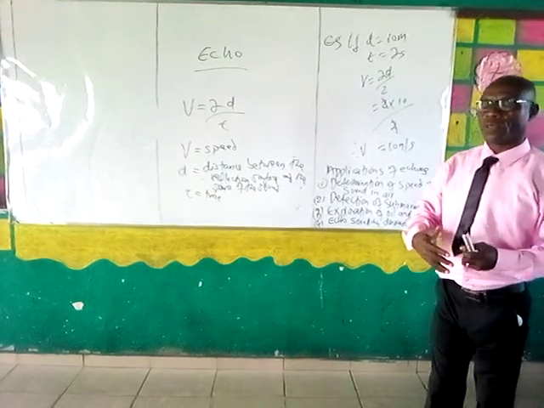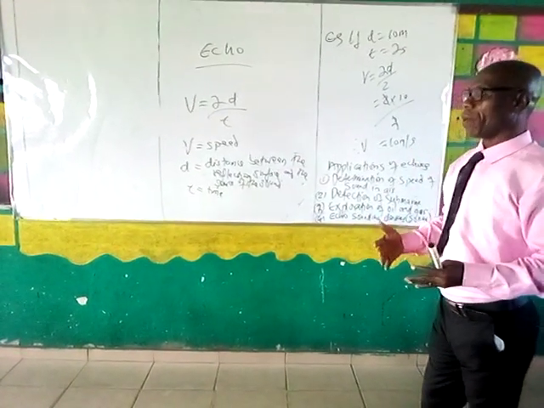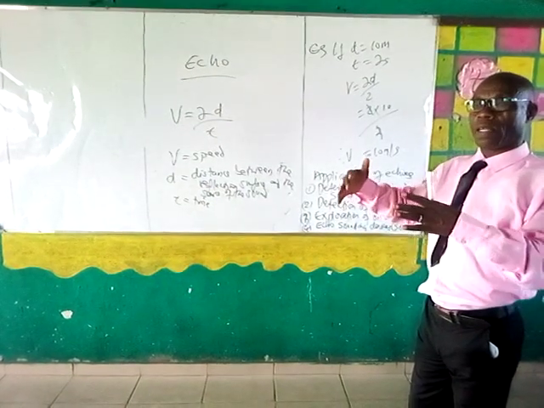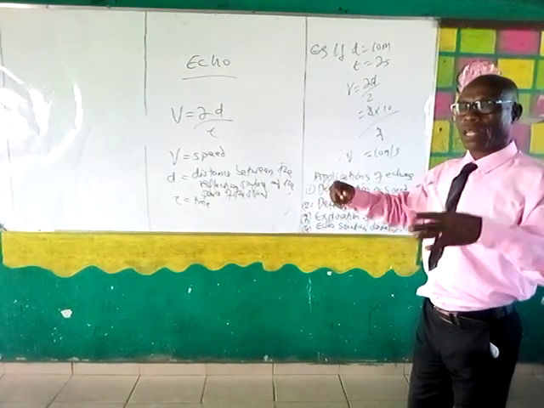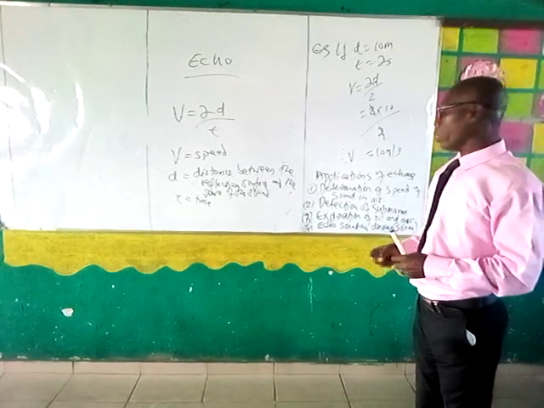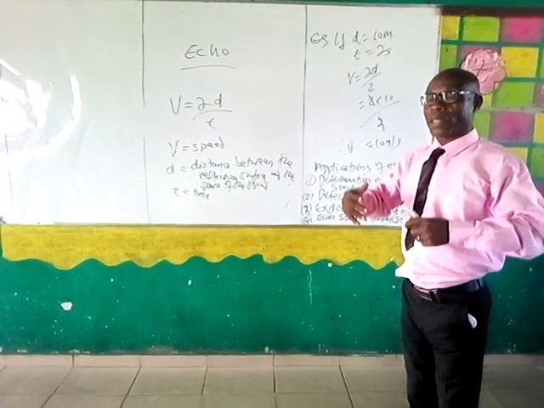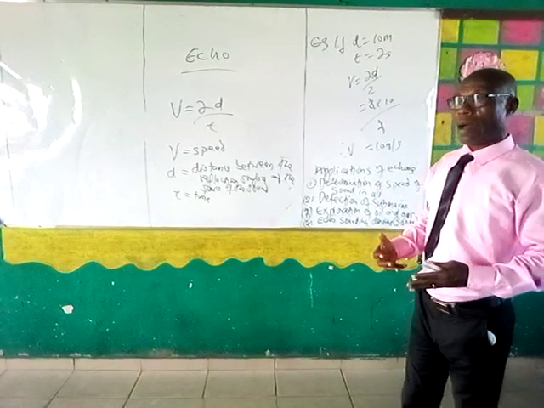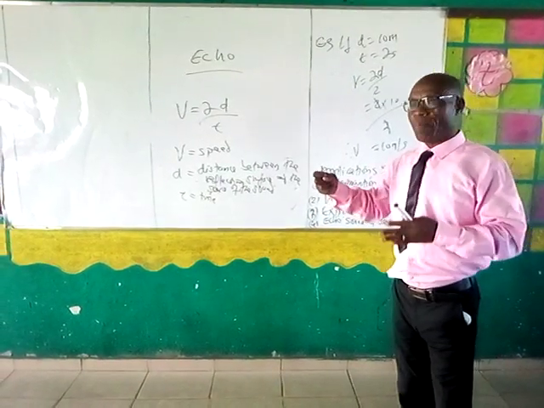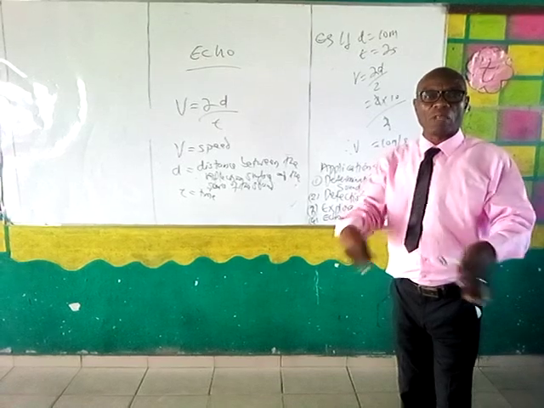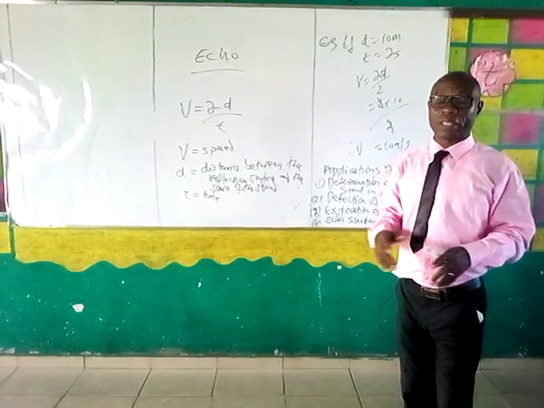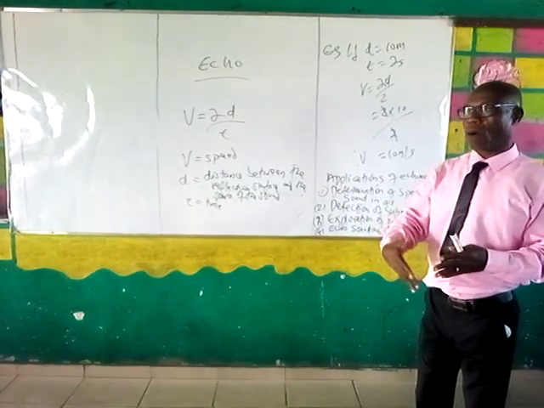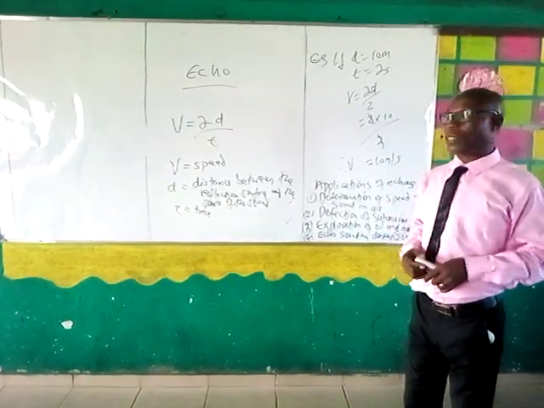A sailor sailing in water using a big ship can use sound wave reflected back to determine the depth of the sea. A big ship needs deep water, not shallow water. So echo can be used to determine the depth of the sea.